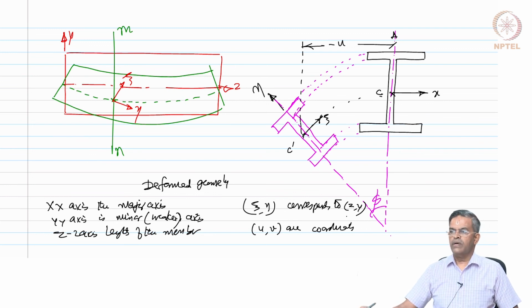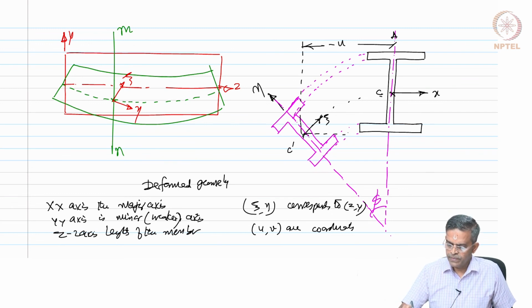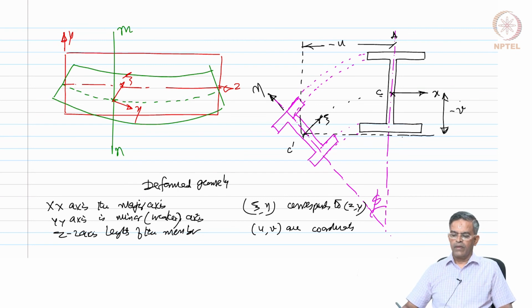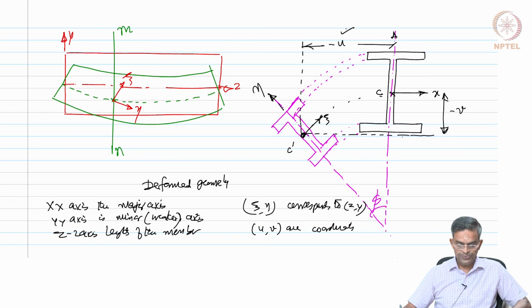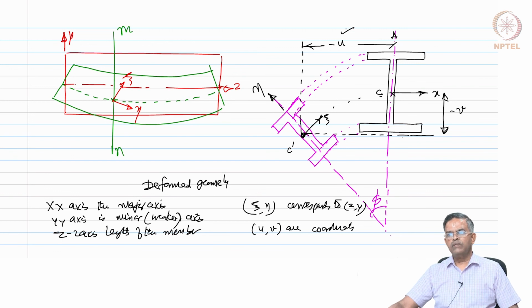So, now in this figure, this point is minus v and this point is minus u. Okay. Now, this will redesignate the new position after twisting.